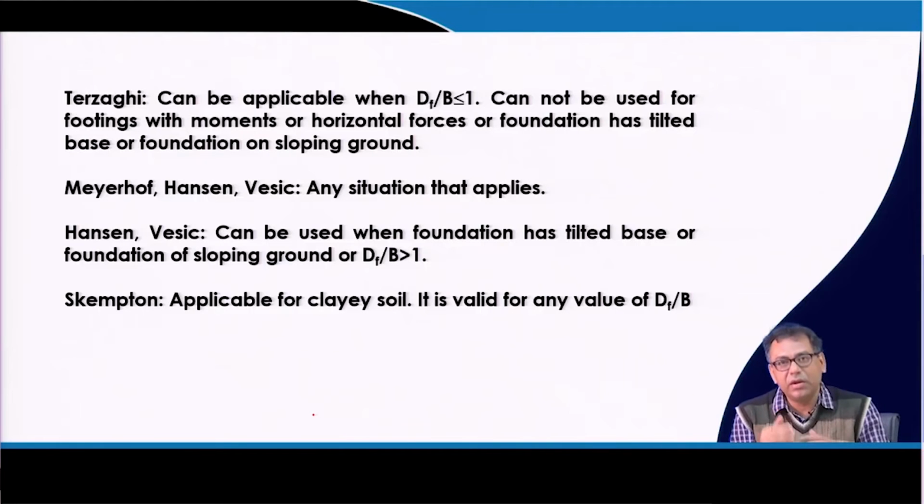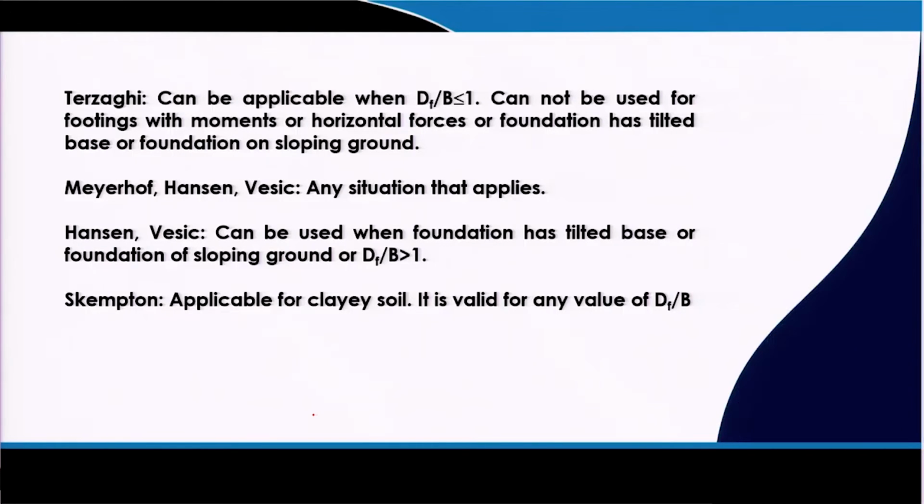Now, the question is when I will use which of these equations. That also depends on the availability of your loading and the other conditions. For example, in Meyerhof, only the loading angle with the vertical axis is sufficient to calculate. But in case of Hansen and Vesic it is not, because in Hansen and Vesic you should know whether the horizontal load is parallel to B or parallel to L, because those information you should know to use Hansen.